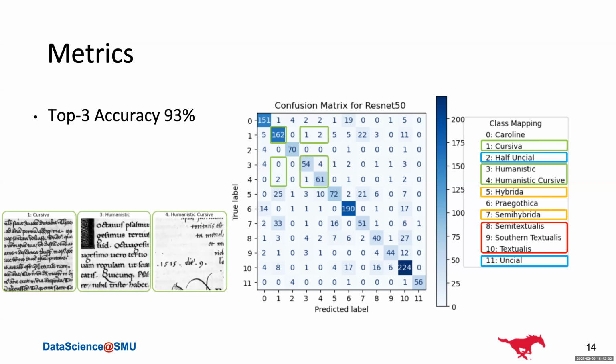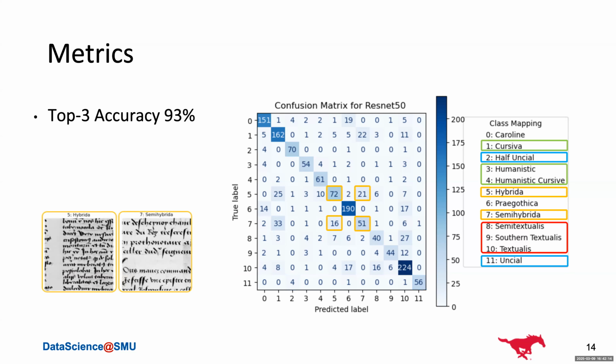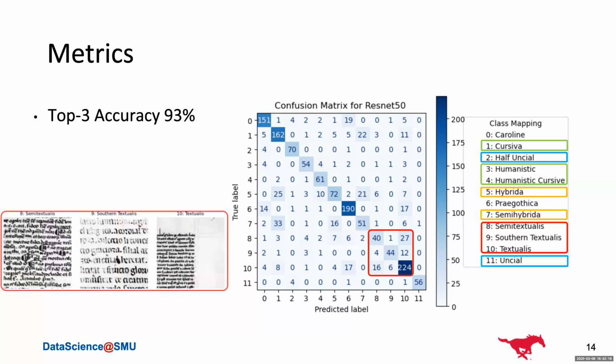For example, we can look at the cursiva and humanistic family, and there's not a lot of confusion here. Next would be the uncial family, hybrida, and semitextualis. Now, this one is the largest family in general. You can see there is a bit of a class prevalence, but the model seemed to be a little bit more confused between these types in general.